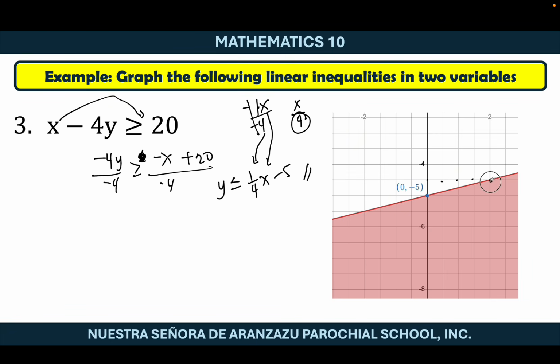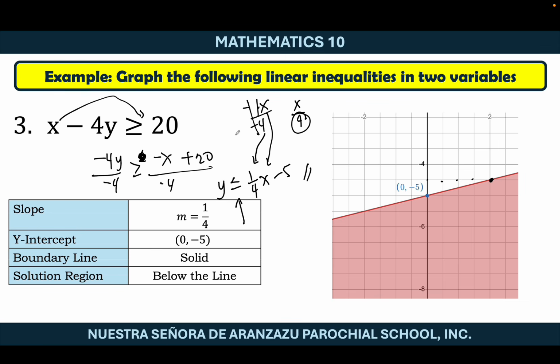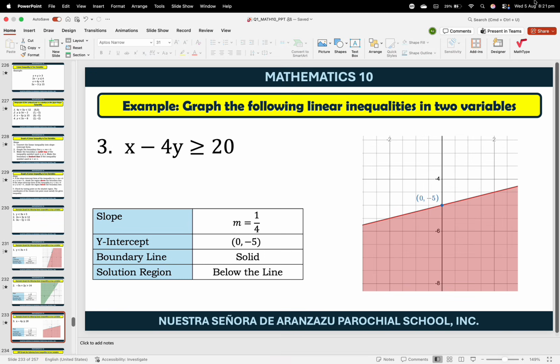So, ito yon. Then, pag connectin lang, gamit ang solid line. Solid line kasi yung less than or equal to yung symbol. Then, ang shaded is yung below the boundary line. Kasi ang symbol na ginamit mo dito sa final inequality mo is less than or equal to. Okay, so that's all for the linear inequalities in two variables.